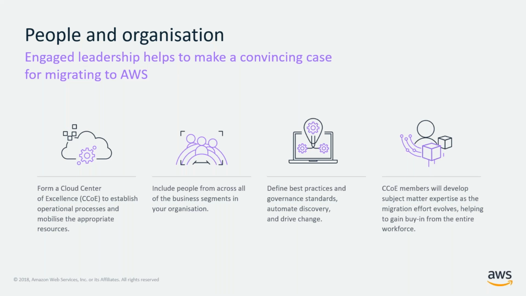And these people are also going to define the best practices, governance standards, and discovery automation that are going to drive the change in your company. The CCOE members are going to be the SMEs, the subject matter experts, in your migration and also in supporting your environment post-migration. So that's why it's really important to invest time in creating the CCOE and making sure that the people have the right skills to execute the migration.